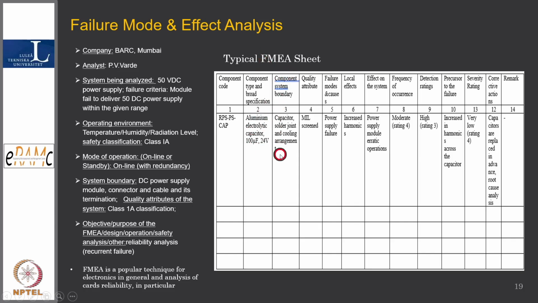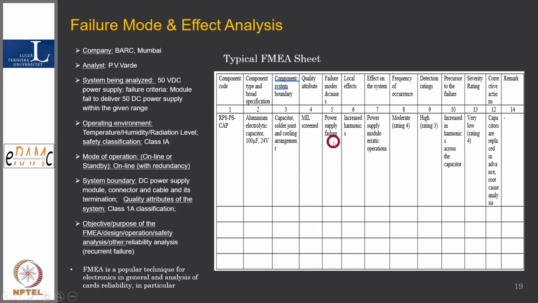How it fails? Capacitor, solder joints and cooling arrangement. That is the boundary we are making, because in FMEA we have to create the boundary of the system. What is the limit we are considering that the component comprises of? Quality attribute, Mil-Std. If the component follows the American military standard, this kind of information is required everywhere when we talk about the component quality.